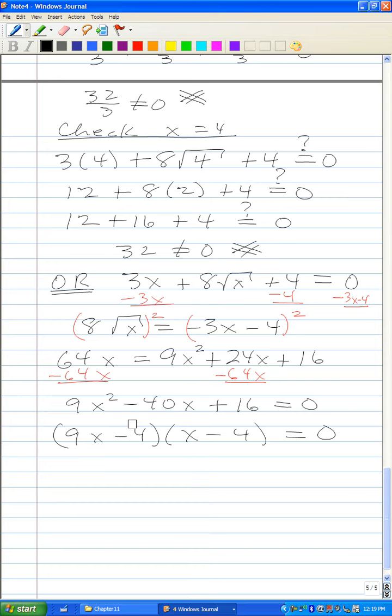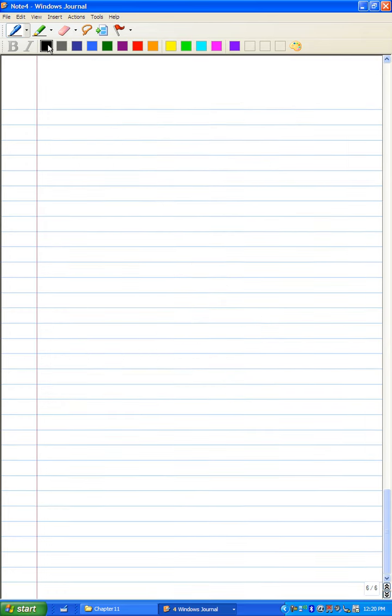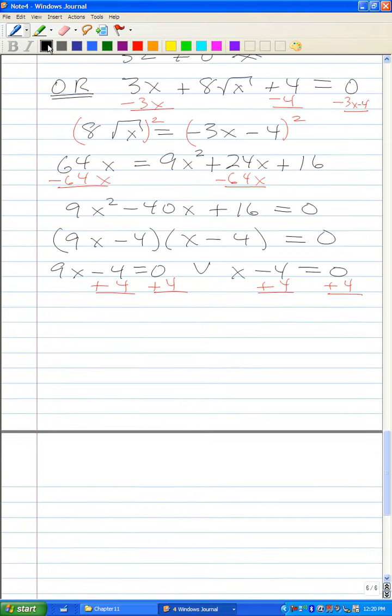Set each factor to 0. Solve for x. Add 4 to both sides of my equation. So I get 9x equals 4. x equals 4. Divide by 9. So I get x equal 9 over 4.